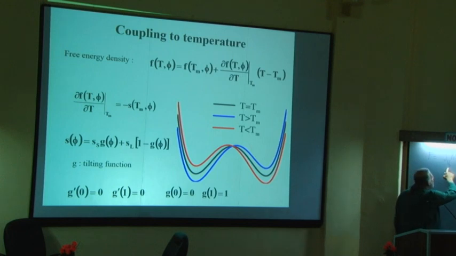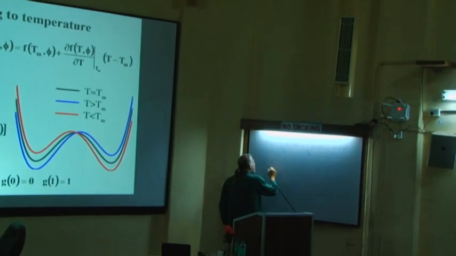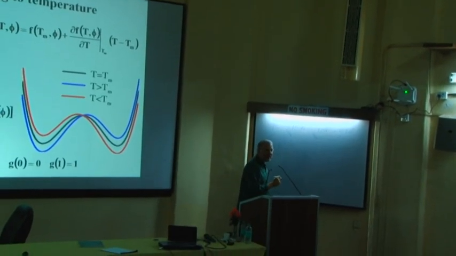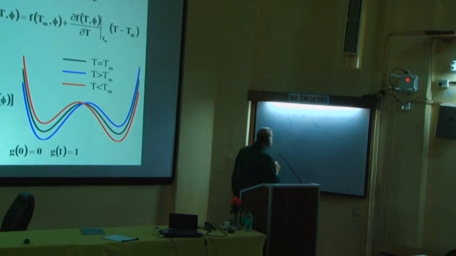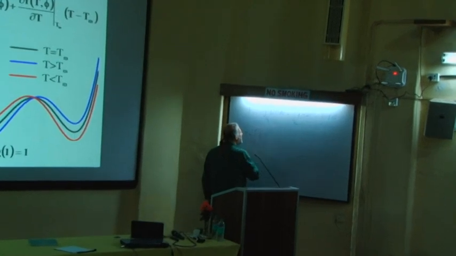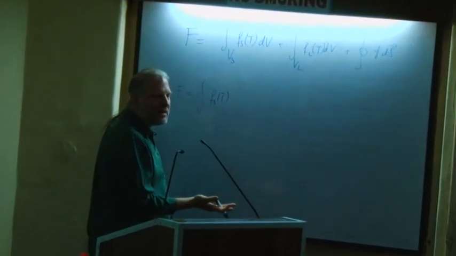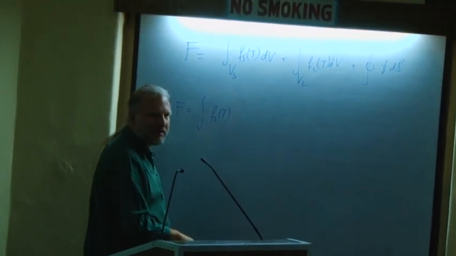Here I had a solid domain, a liquid domain, and an interface. Now here in the phase field, of course, everything is continuous, so I will have a single integral. Now I put here the fs of t, and then here I need to put a function which will be 1 in the solid domain and 0 in the liquid domain.